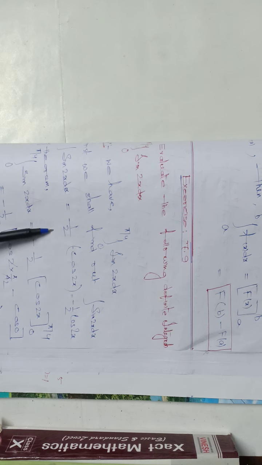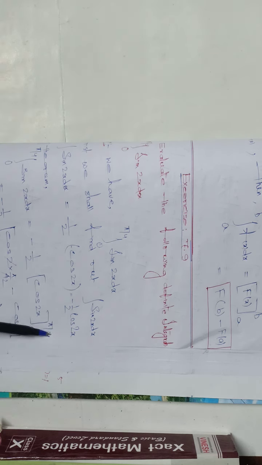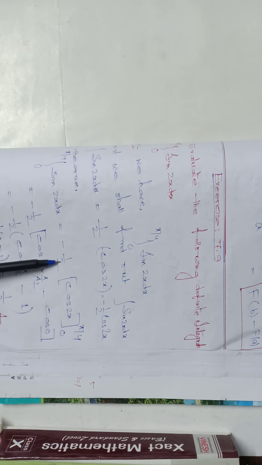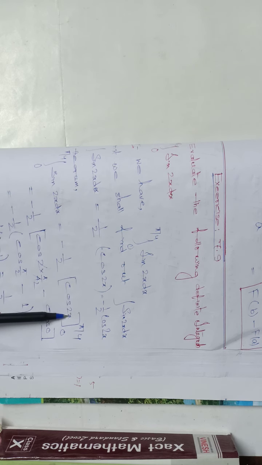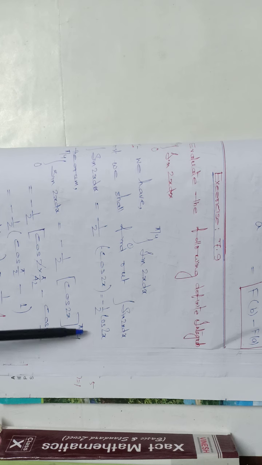All of you know that integration of sine 2x is minus of cos 2x by 2, because here the coefficient of x is 2, so we have to divide by 2. So it is minus half cos 2x. So 0 to pi by 4 sine 2x dx is minus half cos 2x, limit is 0 to pi by 4. So first we have to put pi by 4 in place of x.